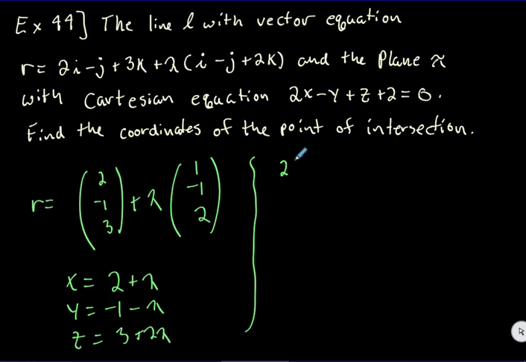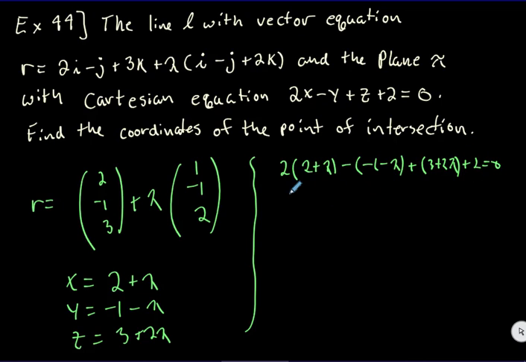So my x coordinate down here is 2 plus lambda, and then minus y, which is negative 1 minus lambda, and then plus z, and z is equal to 3 plus 2 lambda, and then plus 2 equals 0.